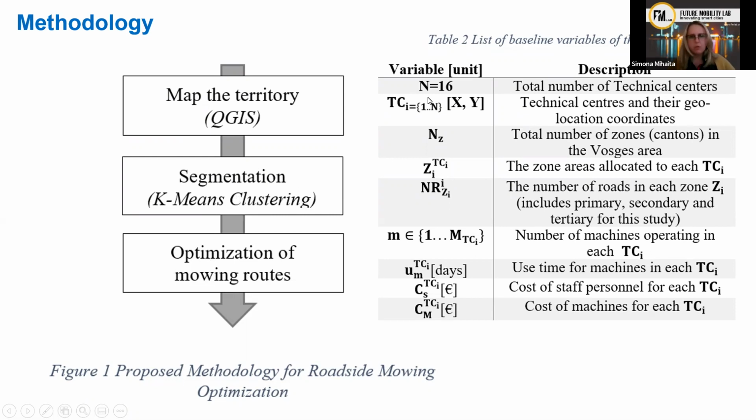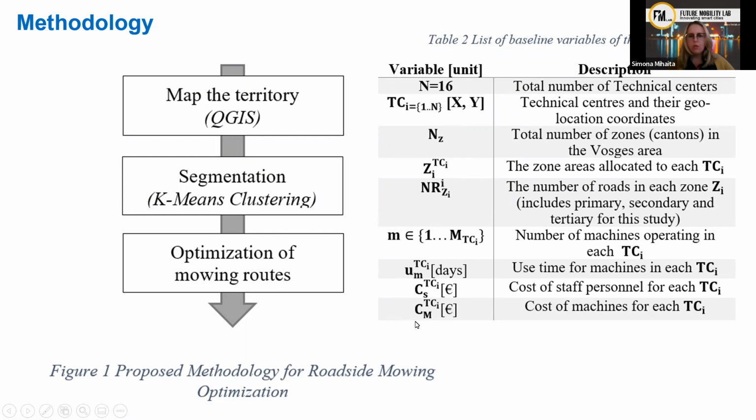There are some variables. I know it might seem a little bit too much, but keep in mind, for example, the 16 technical centers, their coordinates, how many zones we have in that area, the number of roads that can be found in each of those zones, and the number of machines that belong to each TCI, technical center.